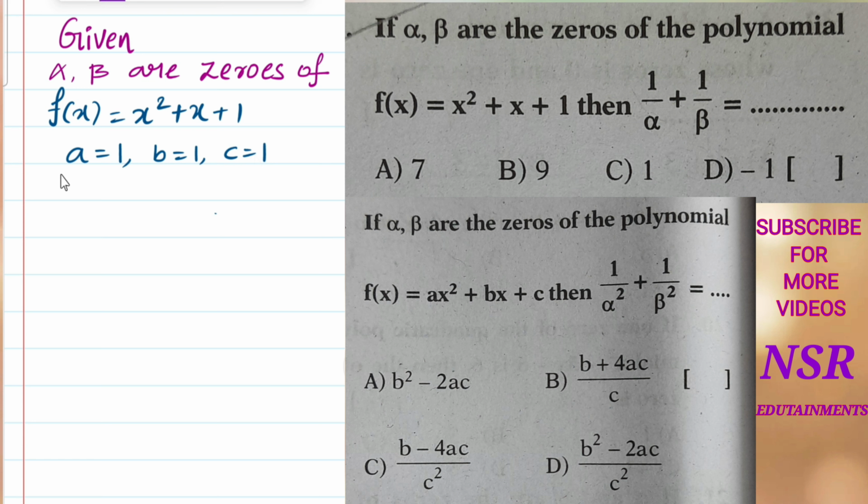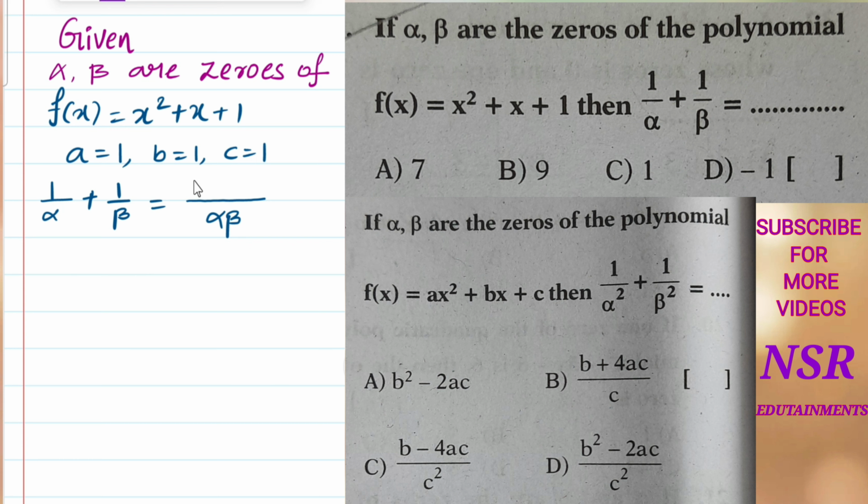Now we have to find 1 by alpha plus 1 by beta, where alpha and beta are zeros of the polynomial. We have to convert this given expression in terms of alpha plus beta and alpha beta, because we know the sum of zeros alpha plus beta formula is minus b by a and alpha into beta formula is c by a.